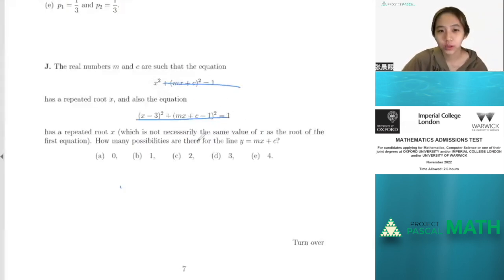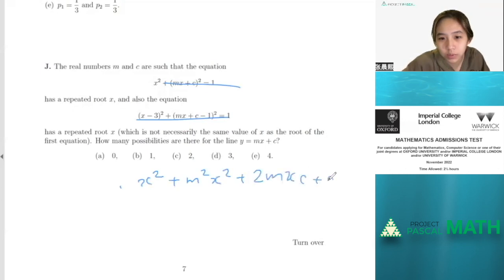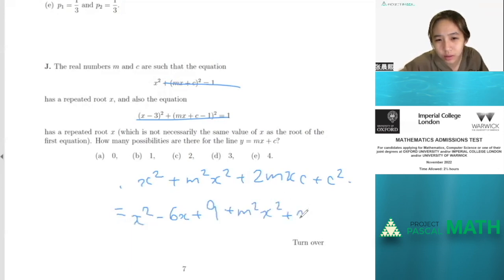Well, for these two equations, the most logical thing for you to do is to sub both in and see what you get. So you have x squared plus m squared x squared plus 2mxc plus c squared equals x squared minus 6x plus 9 plus m squared x squared plus c squared plus 1 plus 2mxc minus 2c minus 2mx.